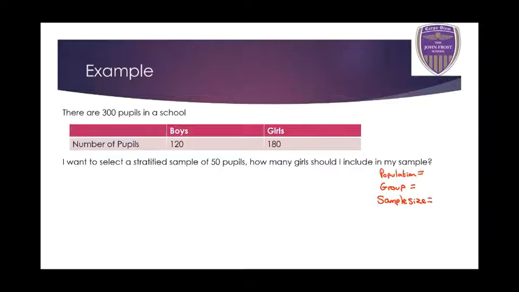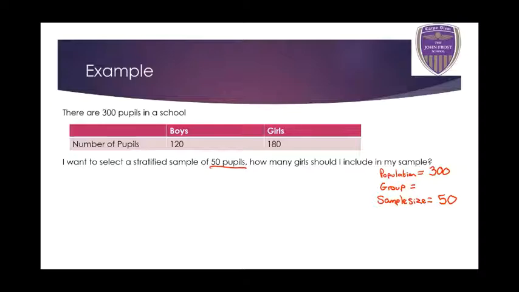For this example, we read the question first. We want to select a stratified sample of 50 pupils, so the sample size is 50. We're looking at all the pupils in the school, and at the start of the question we're told there are 300, so our population is 300.